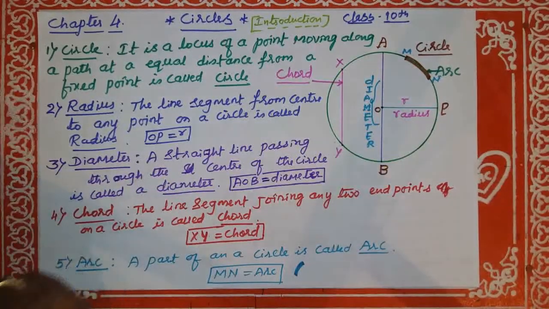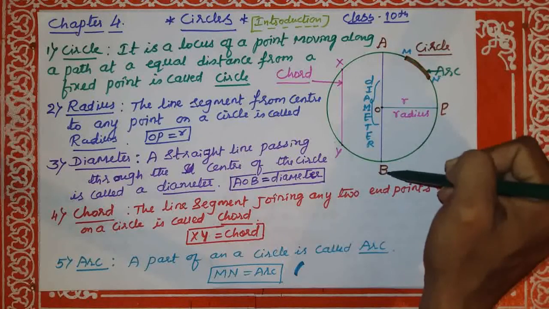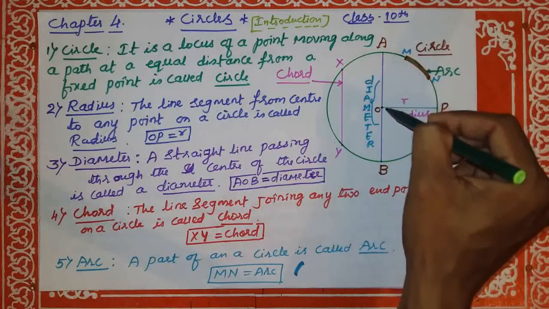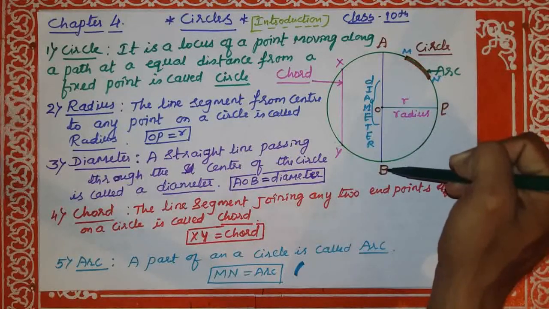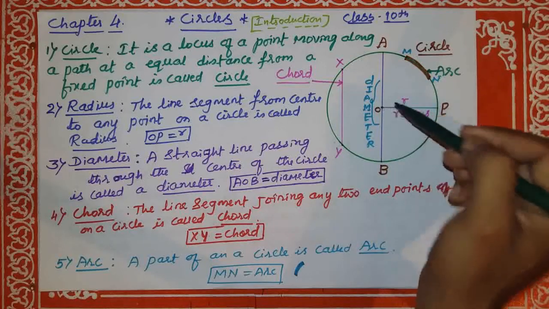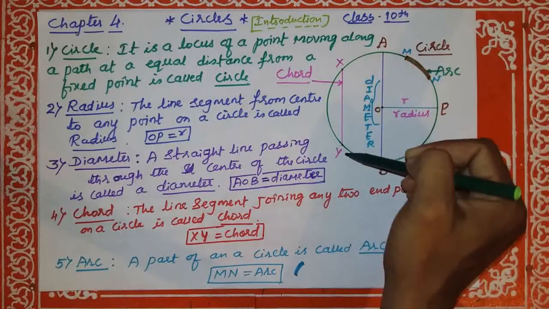Next, third one, diameter. AOB is a diameter. A straight line passing through the center of the circle is called diameter. Next, chord. Here XY is a chord.